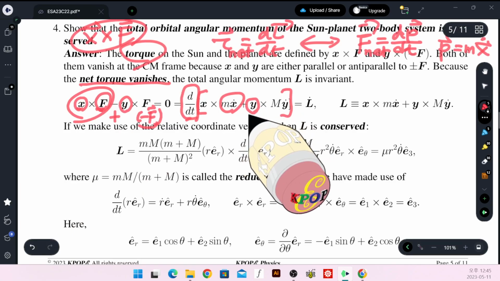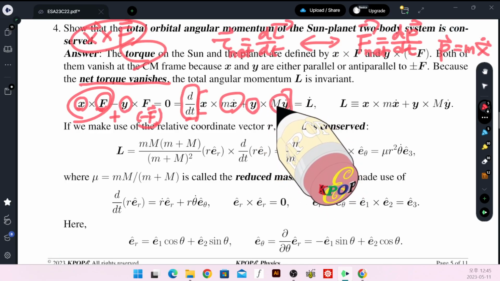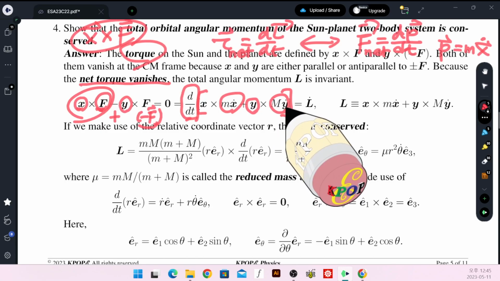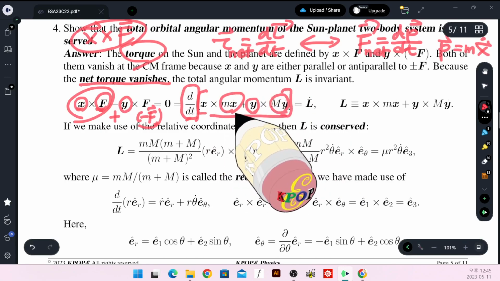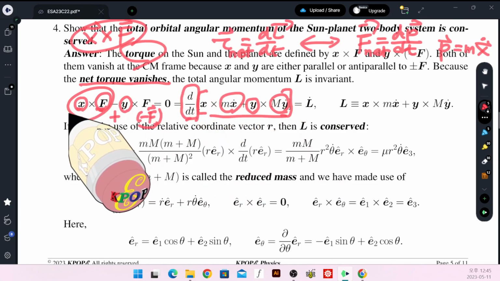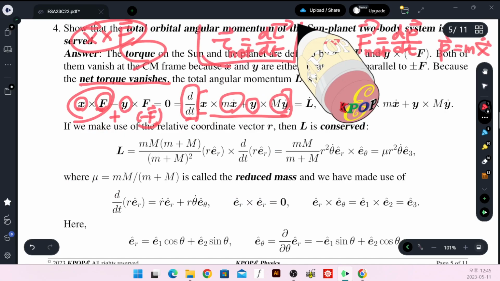This position vector cross product the linear momentum, so the mass of the Sun and the velocity of the Sun. All right, so this total derivative is the sum of the torques. This is the rotational version of Newton's second law.